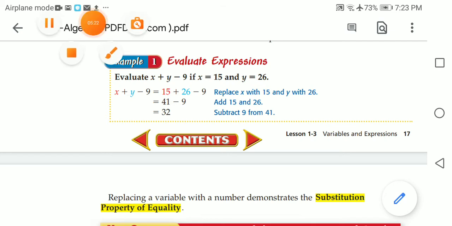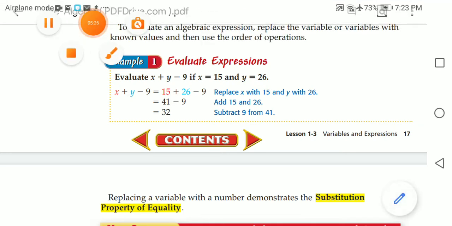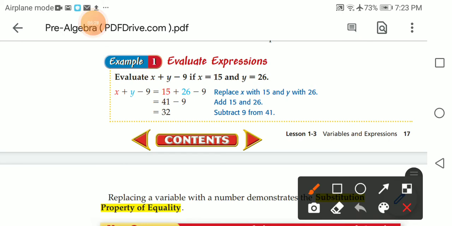Let's replace it now, the first thing. x plus y minus 9 equals what? Instead of x, I wrote here 15. Instead of y, 26. Can you see the colors here? Minus 9. So 15 plus 26.